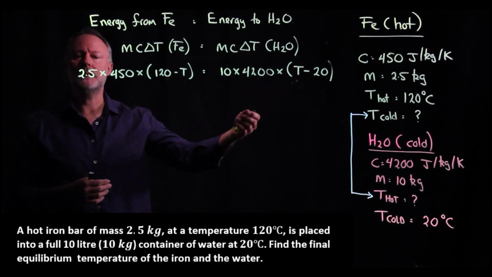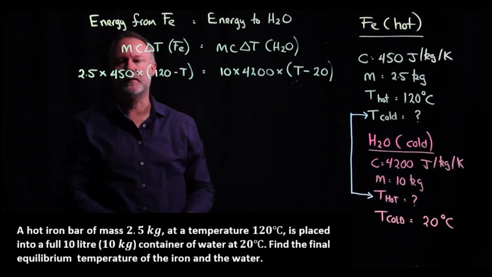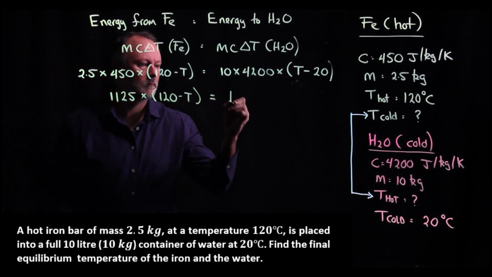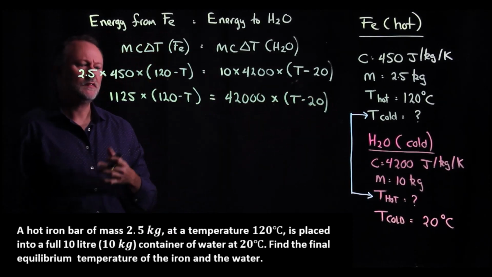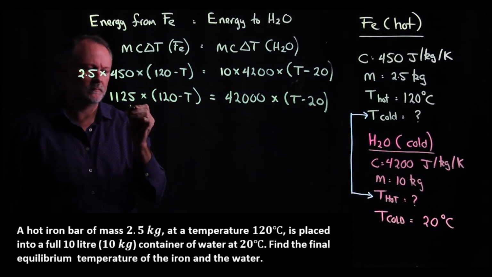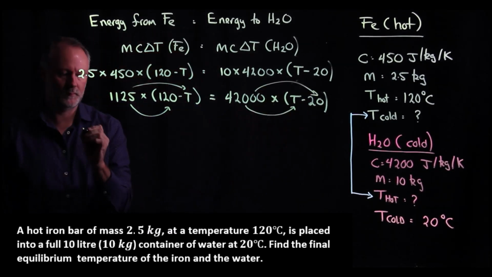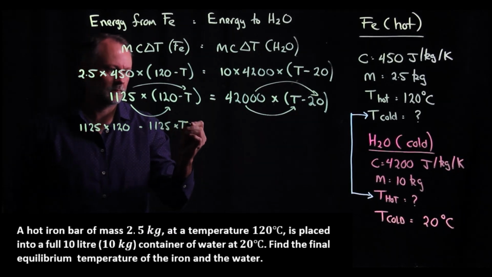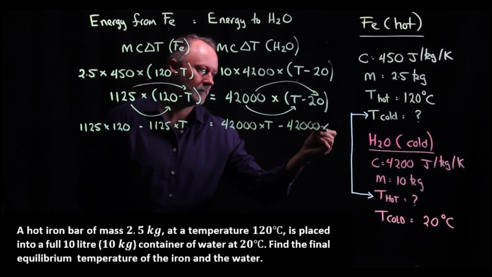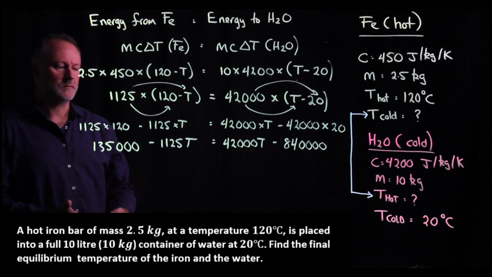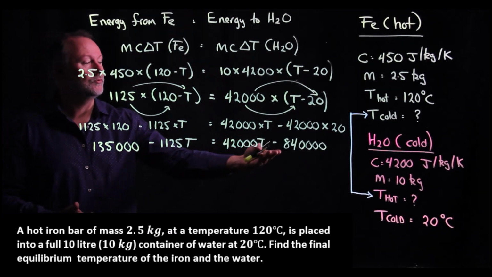Let's simplify this statement by multiplying our numbers together. And at this point, we want to expand our brackets. Okay, I'm now going to group my like terms. Numbers to the left, pronumerals to the right.